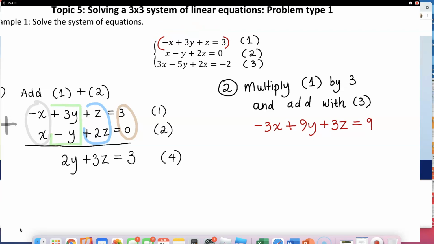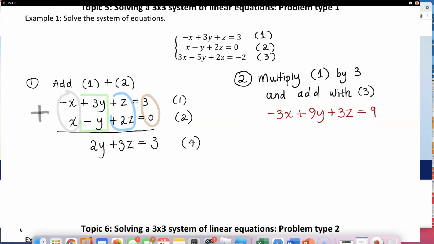Okay, now let's go ahead and write down equation number 3 in the bottom. 3x minus 5y plus 2z equals negative 2. And I'm going to add them together. I'm going to add them together because the x will cancel out.